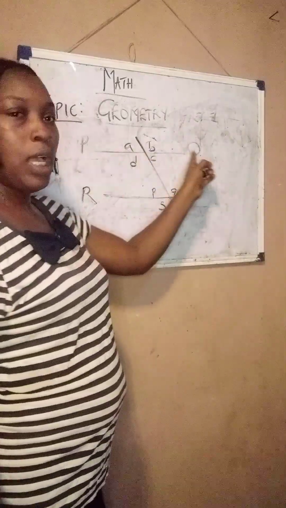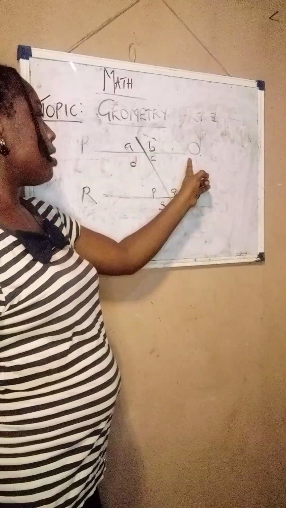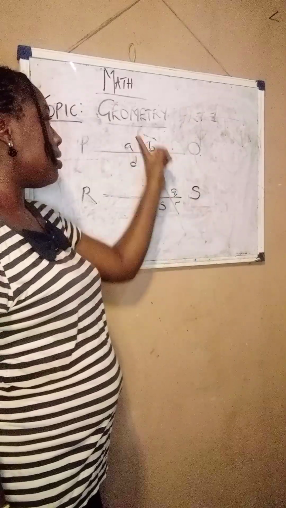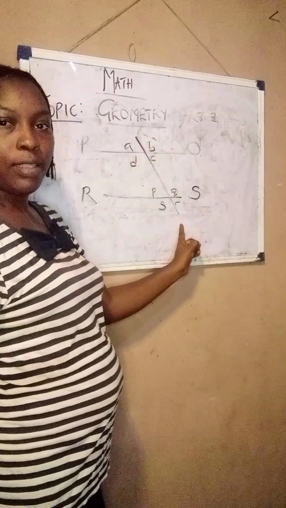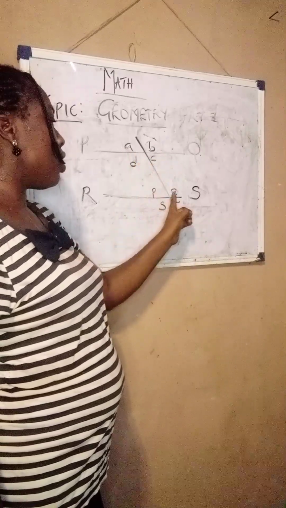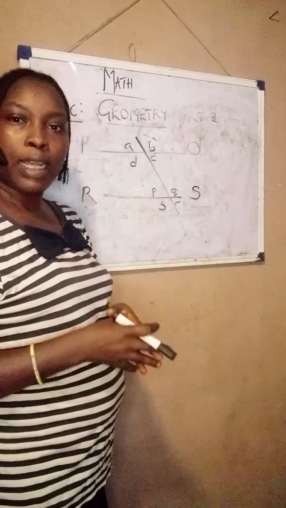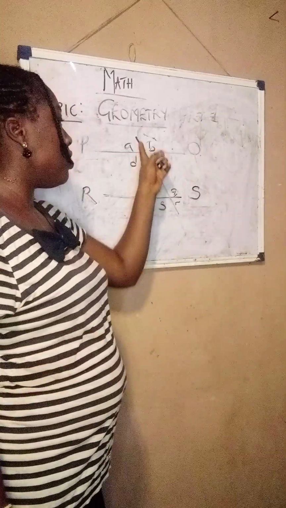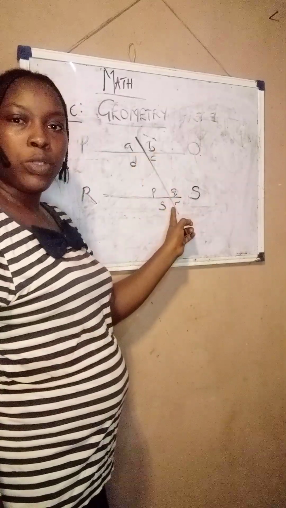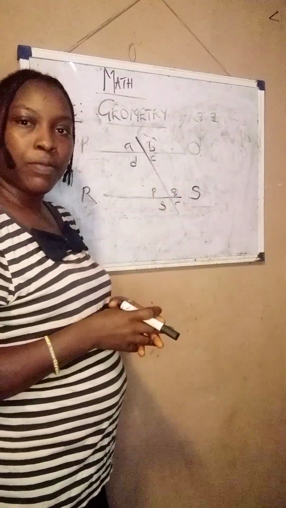We have the P and the Q, the R and the S. This is our parallel line, and this is our transversal line. We have A, B, C, D, P, Q, R, S. These two lines can never meet. But because of this transversal line, we are going to be talking about the relationship they share amongst themselves.